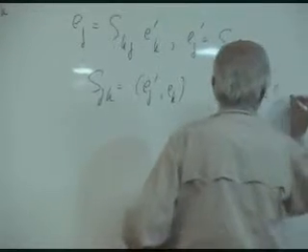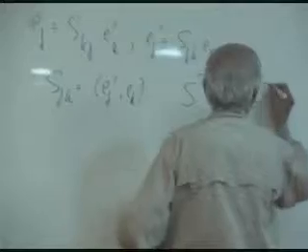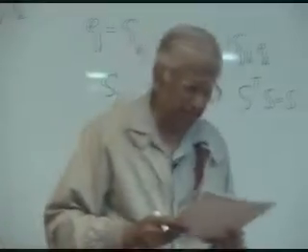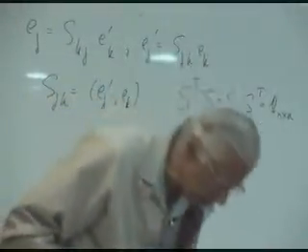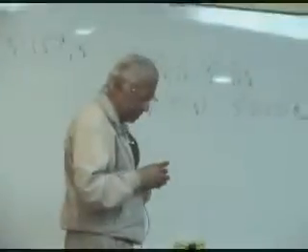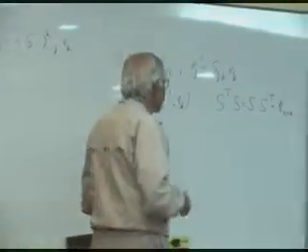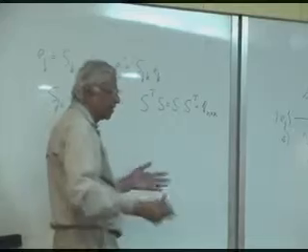S transpose S equals the unit matrix in n dimensions. So this is equation 39, and I can now slip in the concept of the group here. Later I will deal with it in a little more detail.